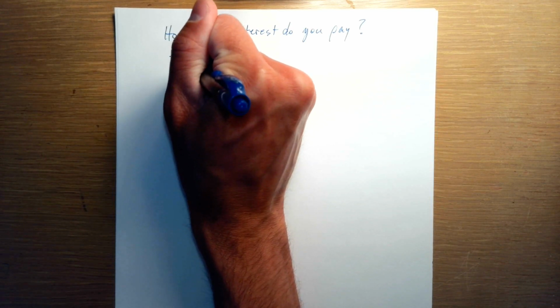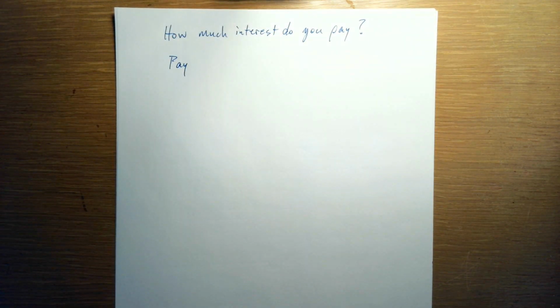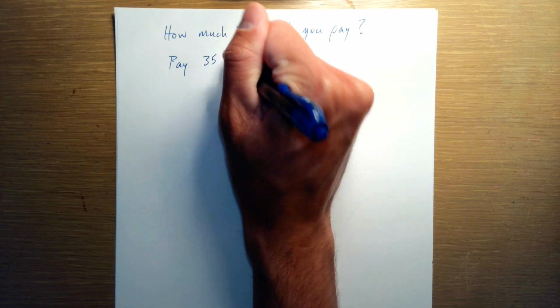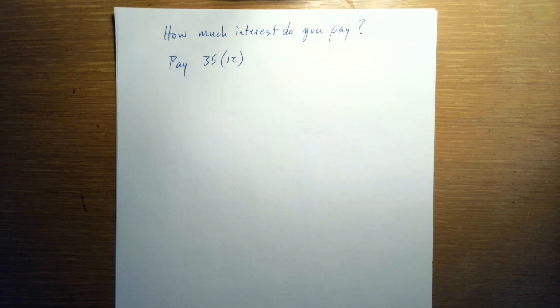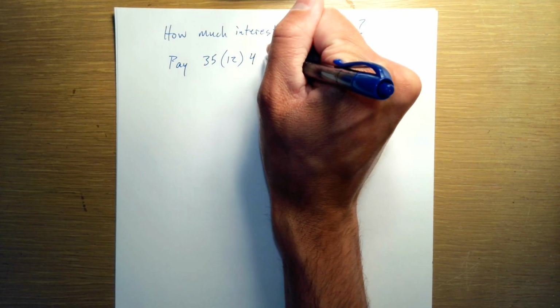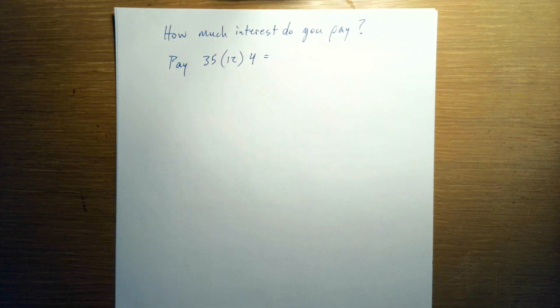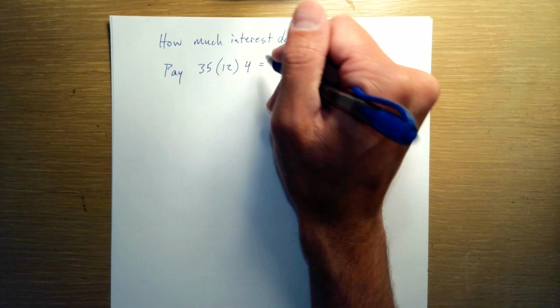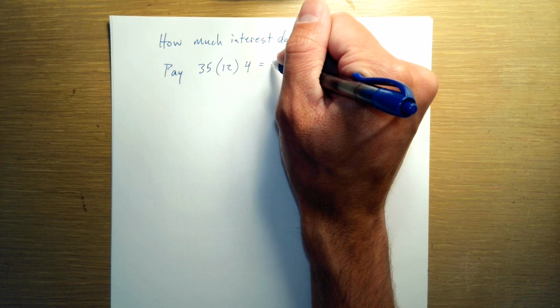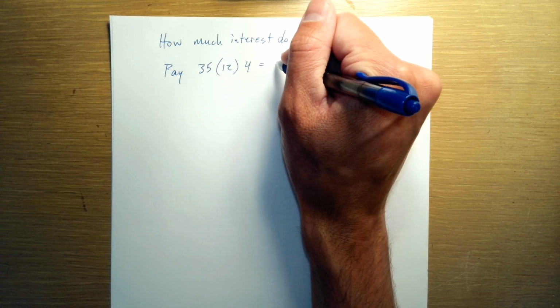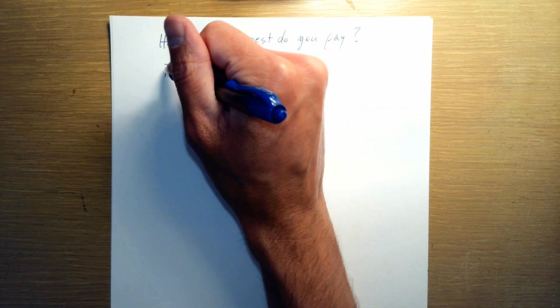Well, you did pay $35 a month. And you paid that for 12 months a year for 4 years. And if you multiply that out, you end up with no, let's do this a different way.